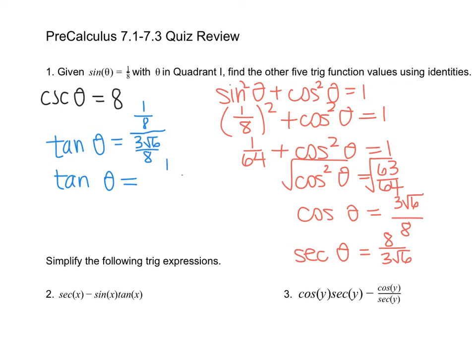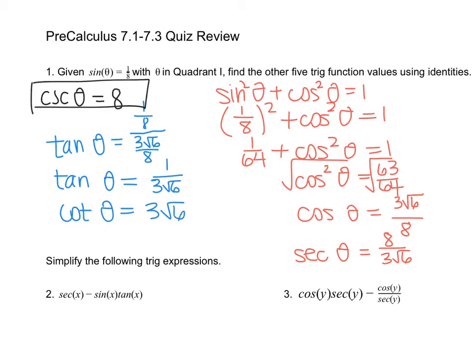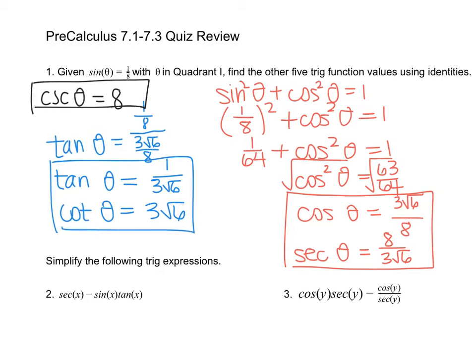So tangent is 1 over 3 radical 7. And cotangent of theta is its reciprocal, 3 radical 7. And we now have the remaining 5 trig ratios, and we only used identities.